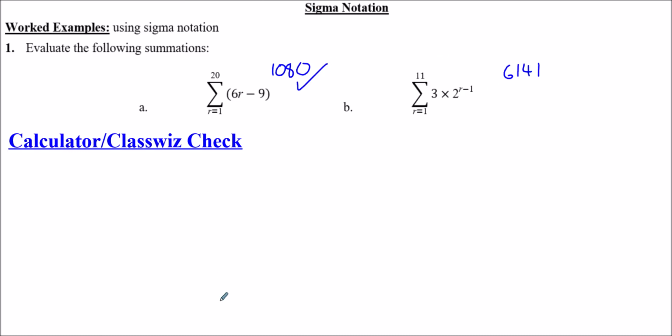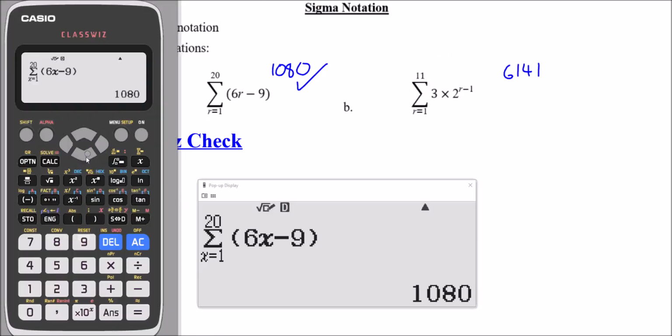Whereas this one here, we want to go from r being 1 up to 11. And this time, we type in 3 multiplied by 2 to the power of x minus 1. Once again, you see we get the same answer as before, which is 6141.